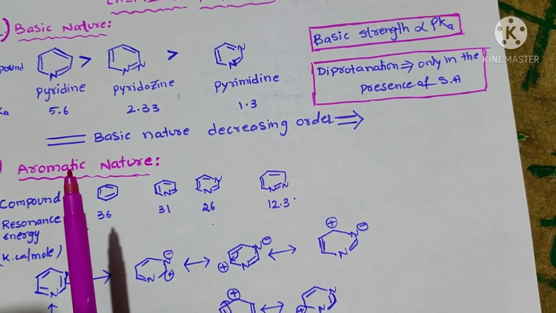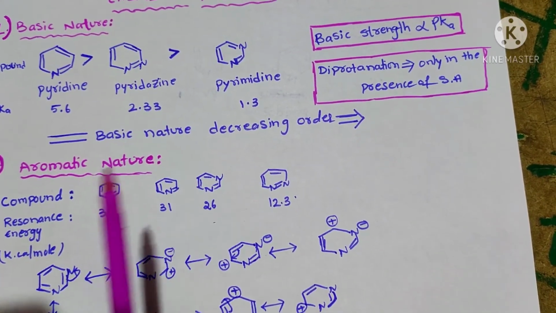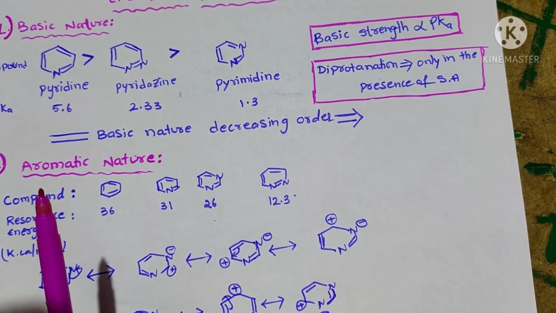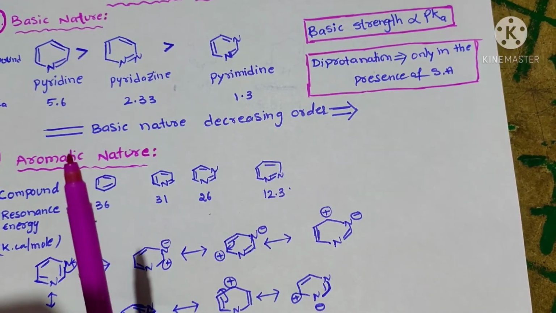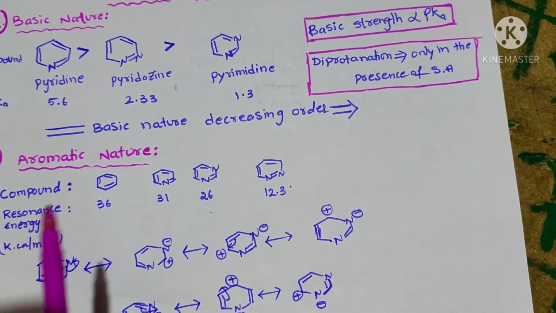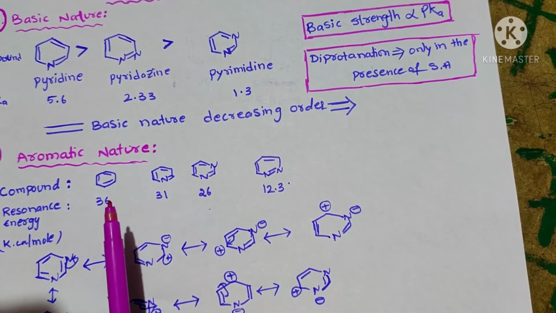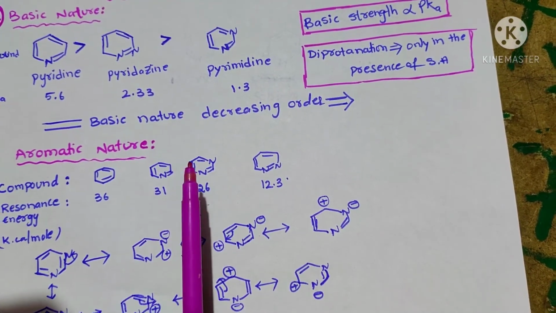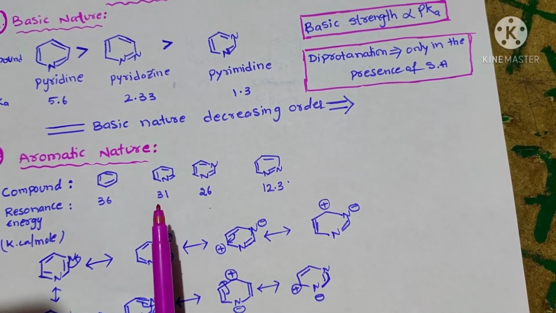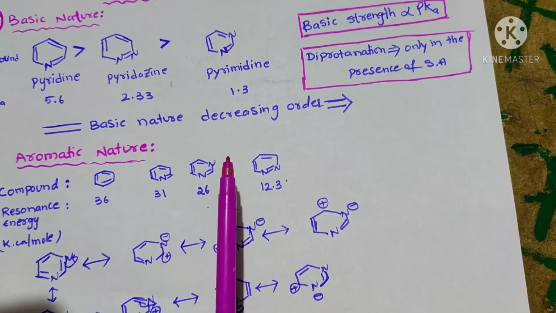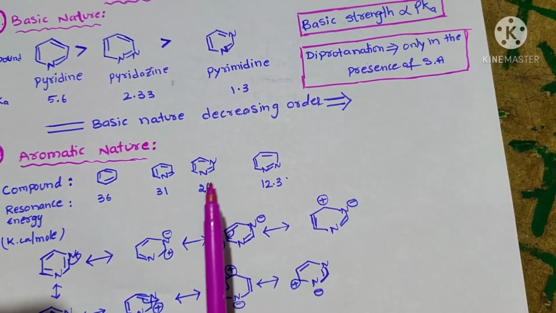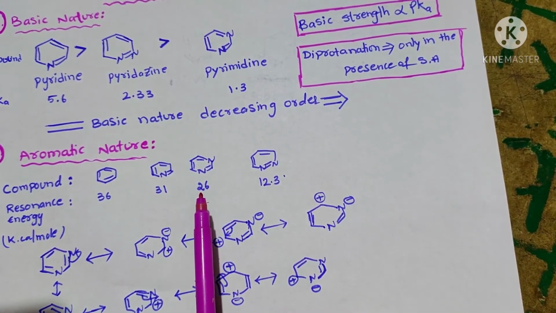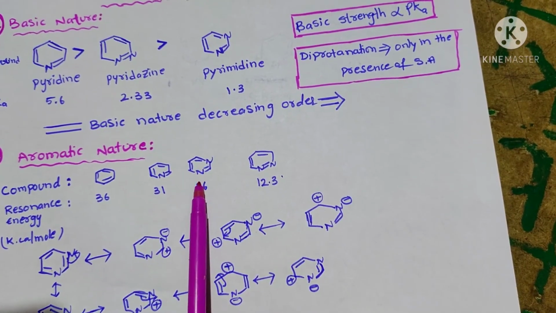Okay, now we discuss the aromatic nature. Here aromatic nature can be easily compared by looking at the resonance energy values. Here the benzene resonance energy is 36 kilocalories per mole, and pyridine resonance energy is 31 kilocalories per mole, and pyrimidine resonance energy is 26 kilocalories per mole, 36 and 26.